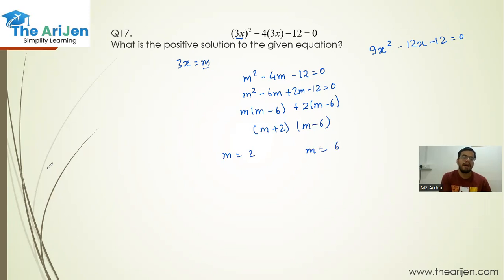But remember, we have placed 3x as m, so 3x is equal to minus 2, so x would be minus 2 by 3, sorry for that. And m, which is 3x, equals 6. So x would be 6 by 3, that is x equals 2, right?